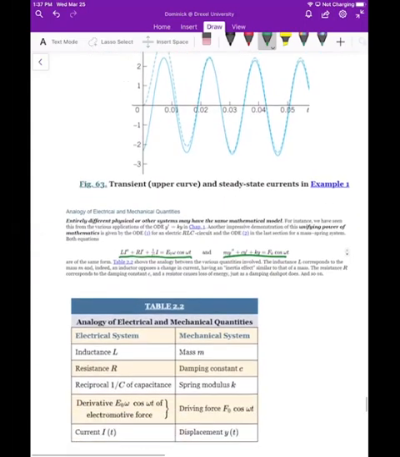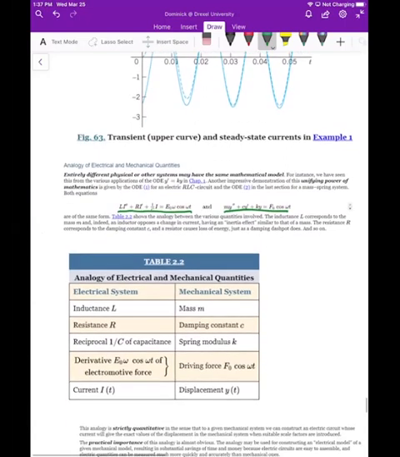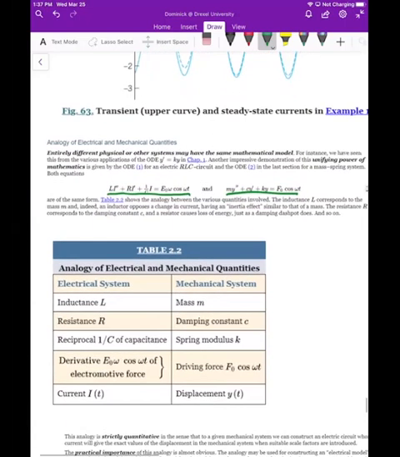So you get these relationships which are kind of interesting, and you can see that the inductance in an electrical system is like the mass in a mechanical system, and then a resistance in an electrical system is like the damping in the mechanical system, right?